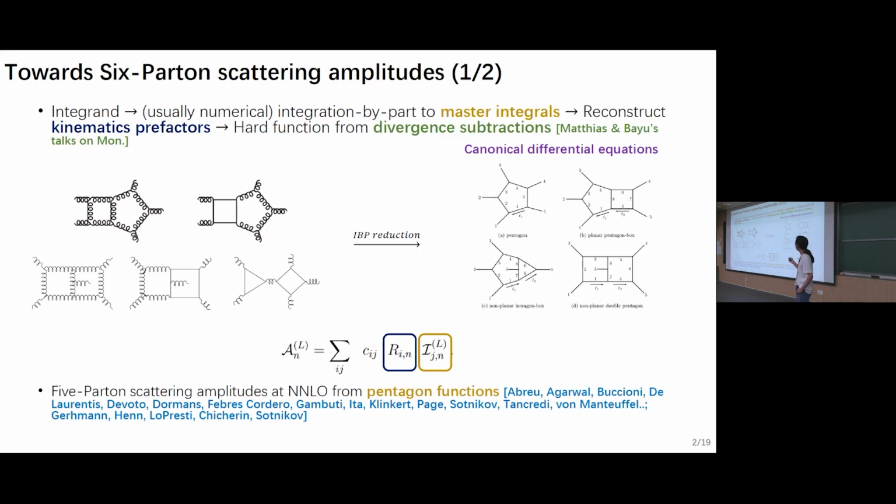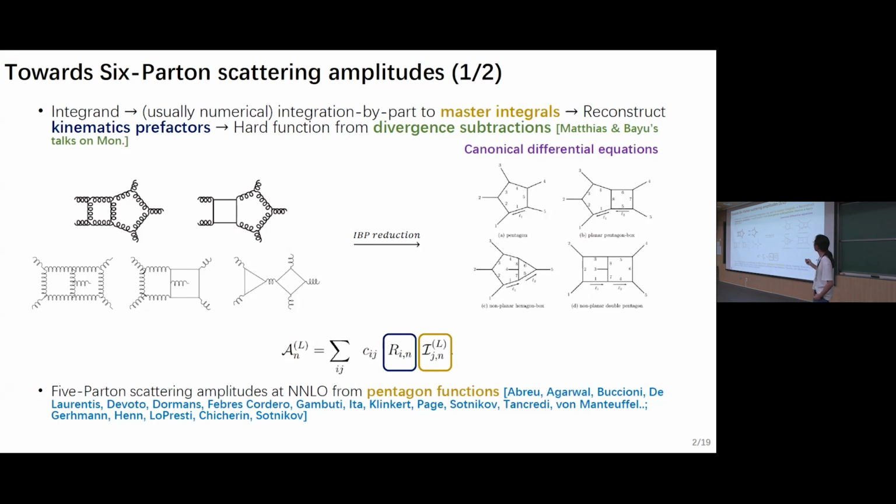After this, we can express the amplitude as a linear combination of master integrals with some prefactors. But in most cases, this IBP reduction is very huge, as Bayu talked about yesterday. So practically, people first do it by some numerical method, and the coefficient you get is at a very specific kinematic point, but it is a numerical result.